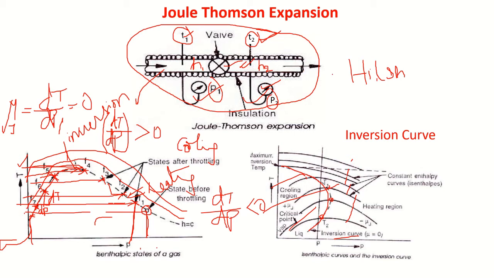Probably for cooling of tools in mines and all that where compressed air is available, I can use this idea. We are using this in refrigeration, where the temperature here is lower than the inlet temperature. That's the idea. Air conditioners use it. So this idea has been used for cooling as well as heating of real gases.